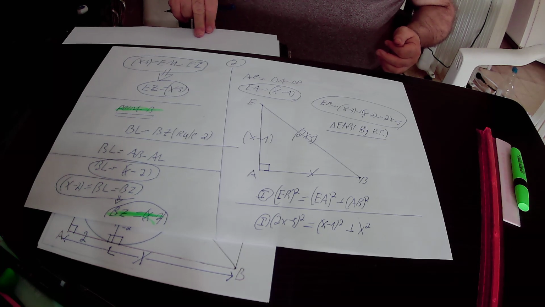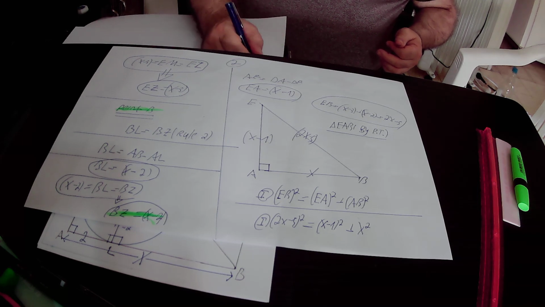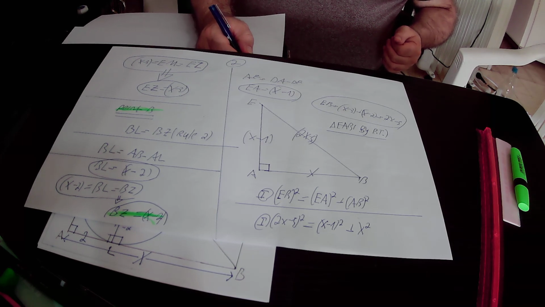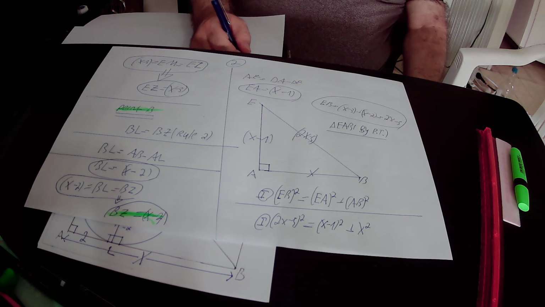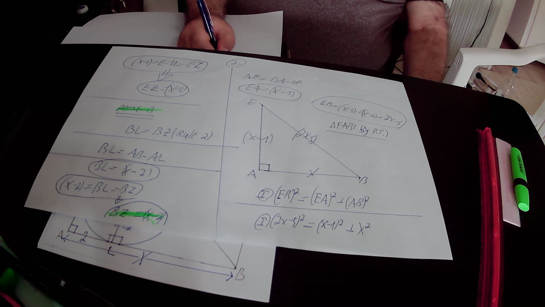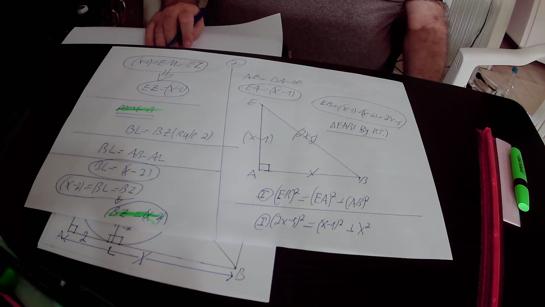Okay, and we get that 2x minus 5 squared equals 2x squared, which is 4x squared, plus 5 squared, that is 25, minus 2 times 2x times 5, which is minus 20x.